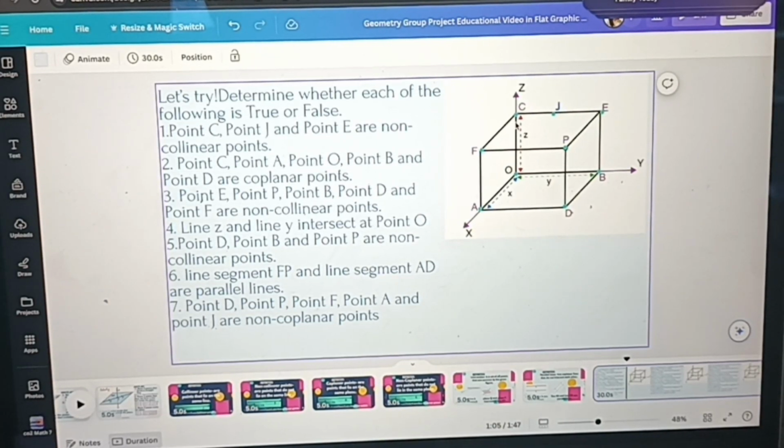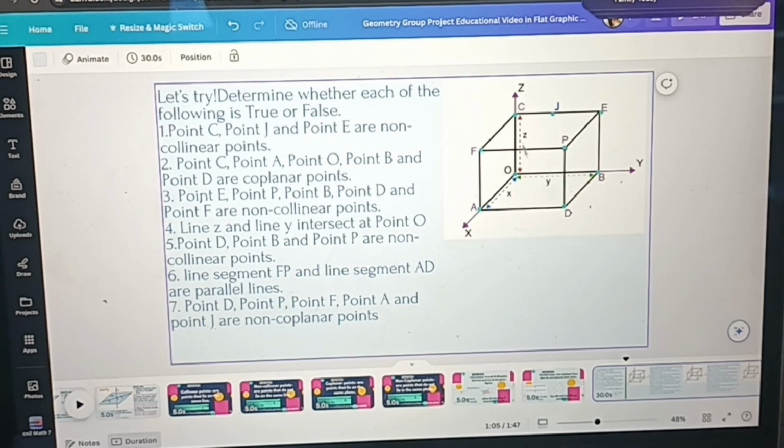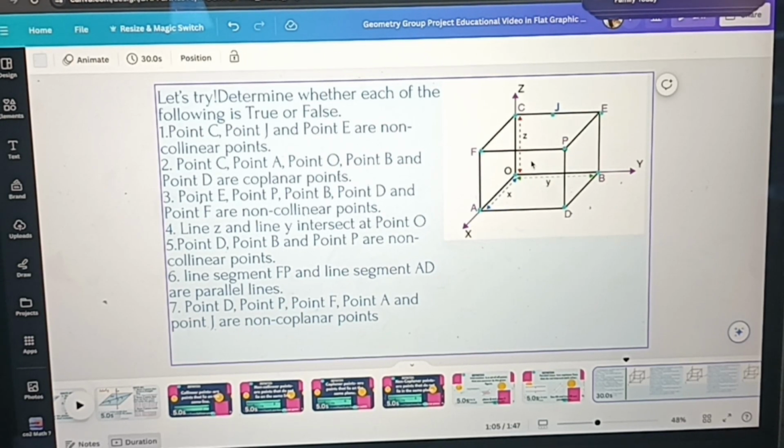Your line Z, this one, and your line Y, this one, intersect at point O. Number 5, your point D, your point B, your point P are non-collinear points.